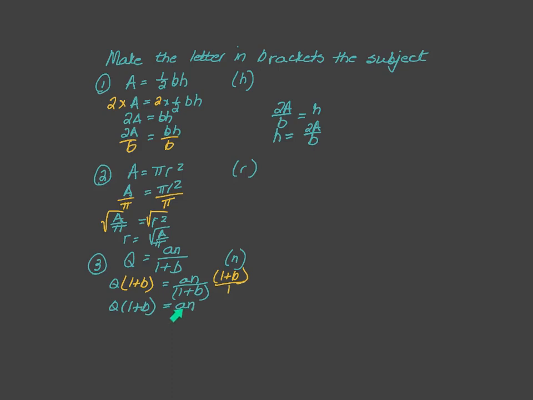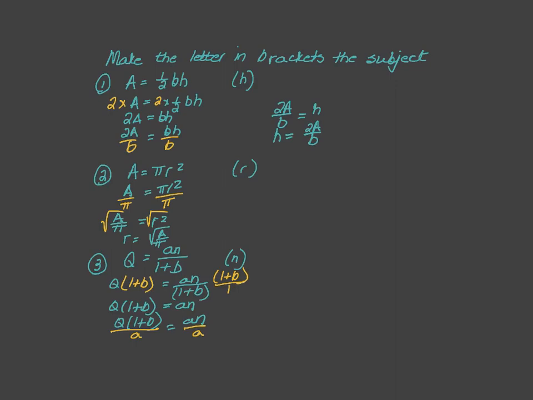Now, I need just to get rid of the a, which is really easy. Divide both sides by a. On the left-hand side, I have q(1 plus b) divided by a, and is equal to, on the right-hand side, an divided by a.